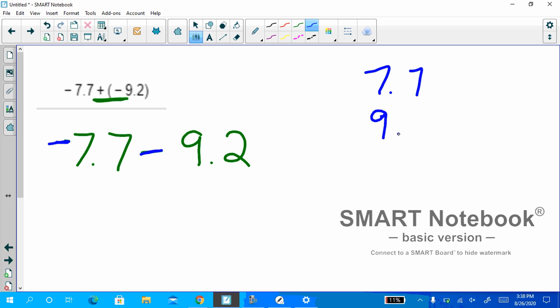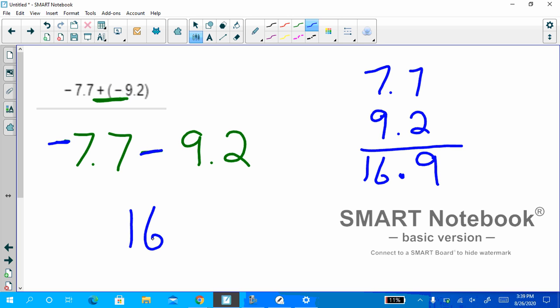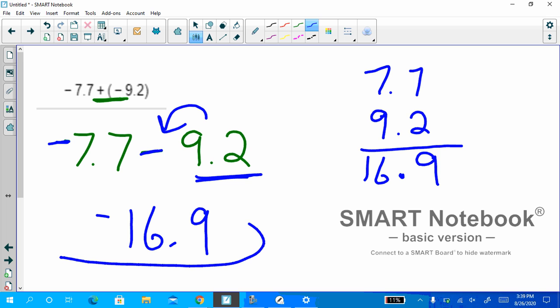So do 7.7 plus 9.2. And let's remember how that works. When we're adding decimals, we line up the decimal and we bring our decimal point straight down and then add the columns. 7 plus 2 is 9. 7 plus 9 is 16. So 16.9. Take the sign of the larger one. This is the larger number, the sign that it goes with is negative.